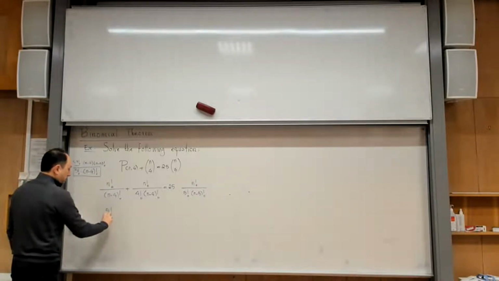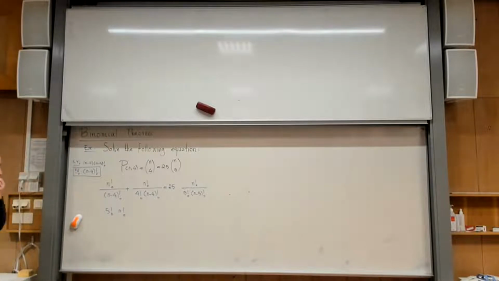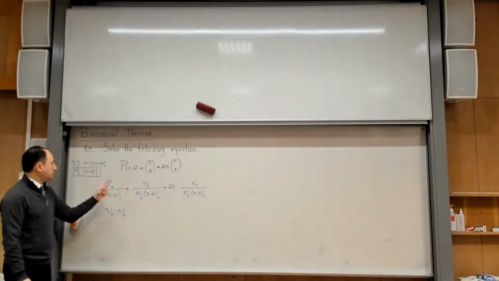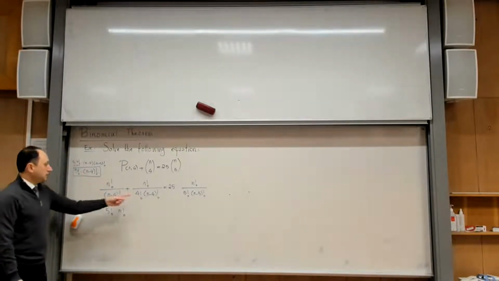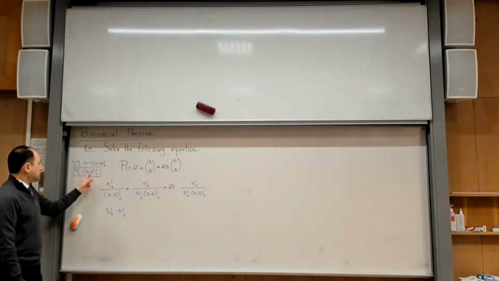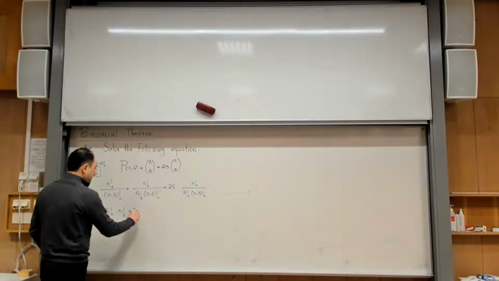This becomes 5 factorial multiplied by n factorial. Now if I multiply the second one, the 4 factorial in the denominator will cancel, and n minus 4 factorial will cancel too. What is left for me is just a 5, yes? And I multiply 5 there, so it becomes 5n factorial.